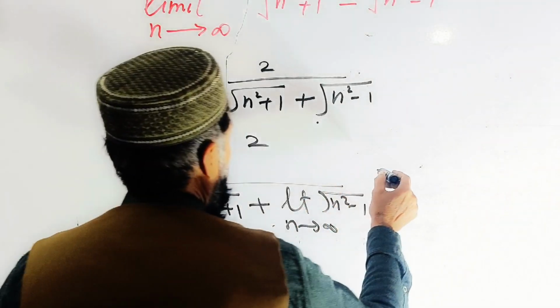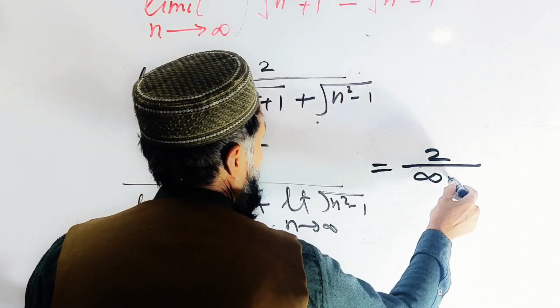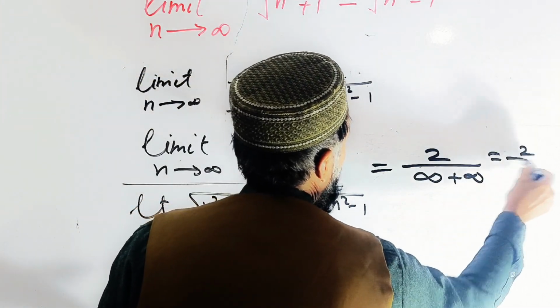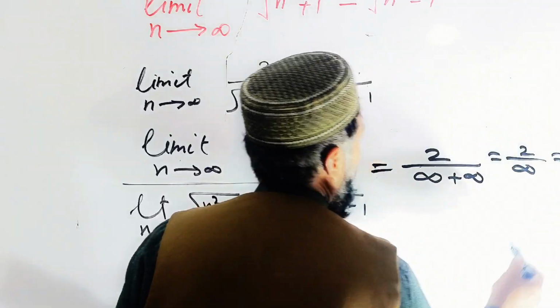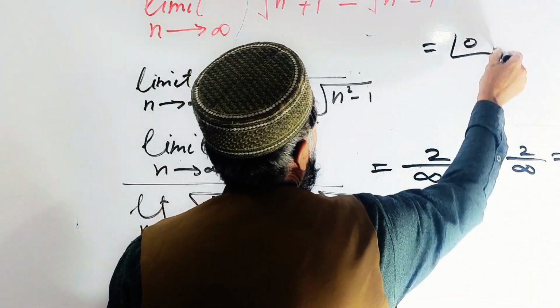So we get 2 divided by infinity plus infinity, which is equal to 0. So the answer of this question is 0.